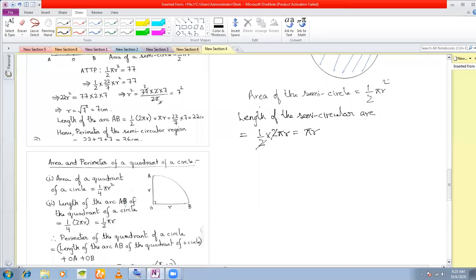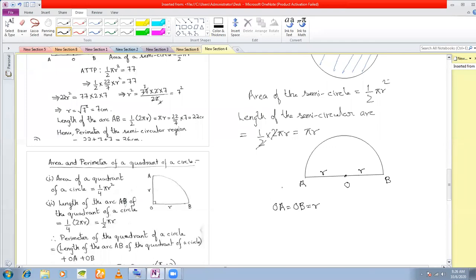Suppose I have a semicircle with center O, and the radius of the semicircle is r, so the length of OA is r and the length of OB is r.